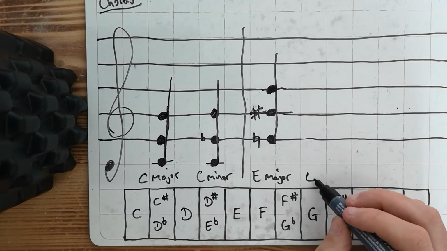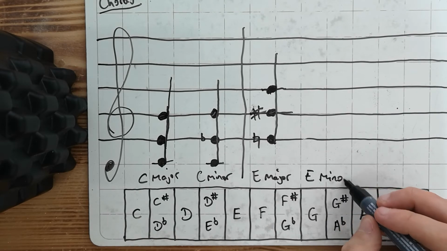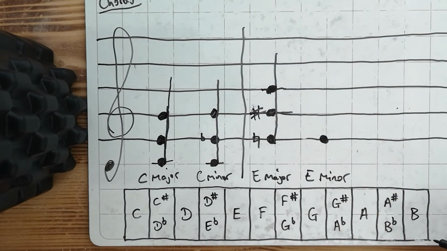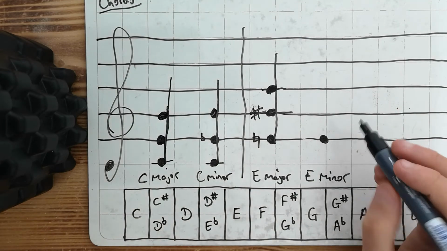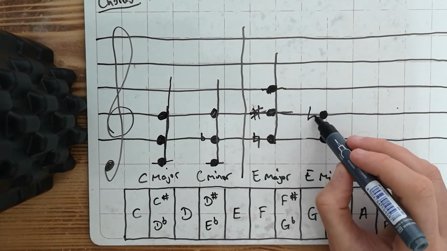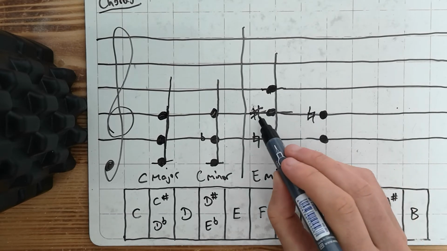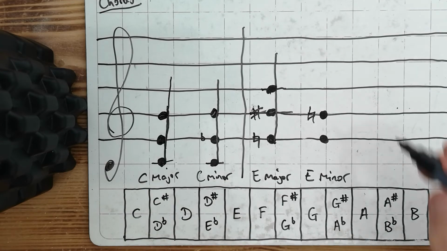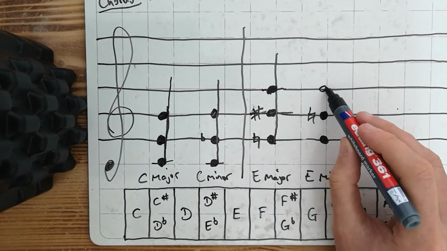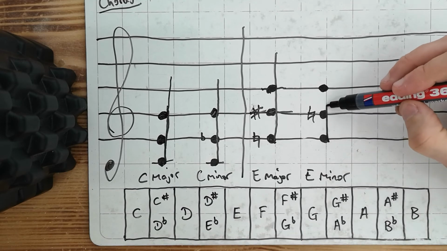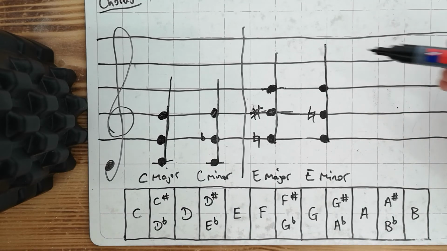So E minor, same process, E, and then I need a tone and a semitone, so it's going to be a G natural, not a G sharp. Let's put that in just because I've got G sharp there. E, G, and then the perfect fifth is the same, with B. That is constructing chords.